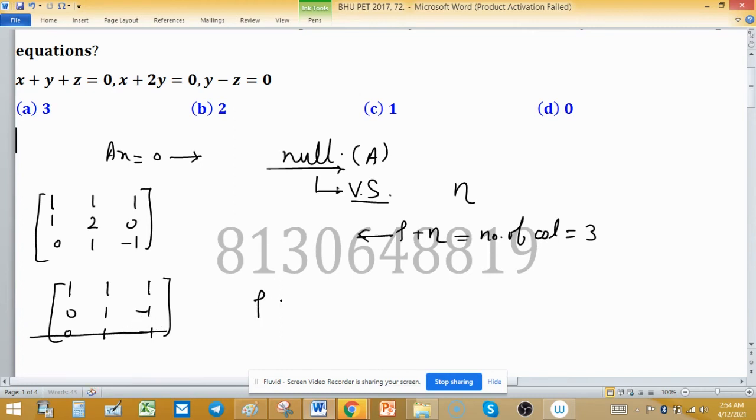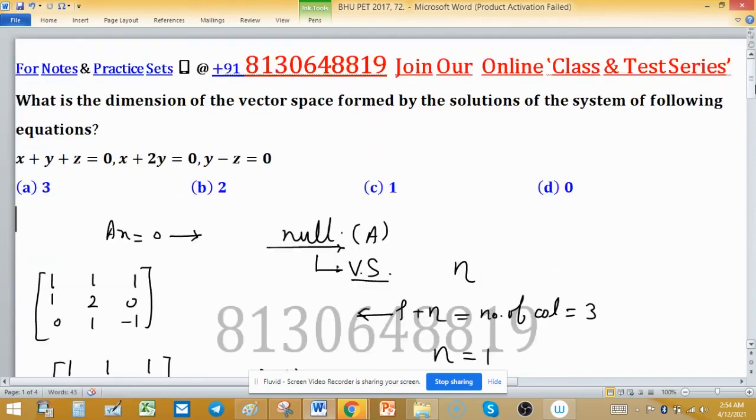So the rank of this matrix, suppose this matrix is A, is 2. Rank is 2, so nullity is 1. What is nullity? Nullity is the number of free variables. Here, rank is 2 means there are 2 pivot elements, so the only free variable is 1. So the dimension of this null space is 1. So option C is correct.